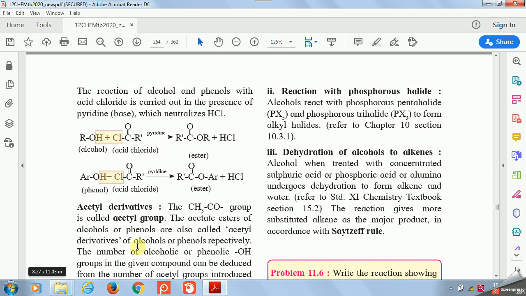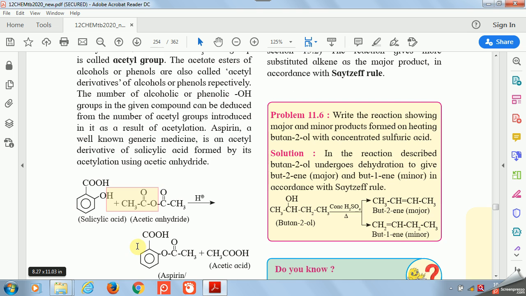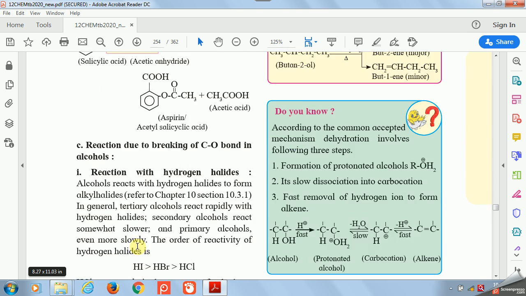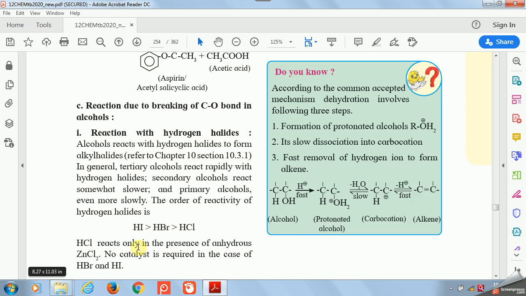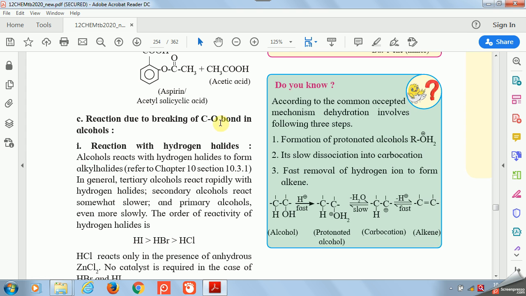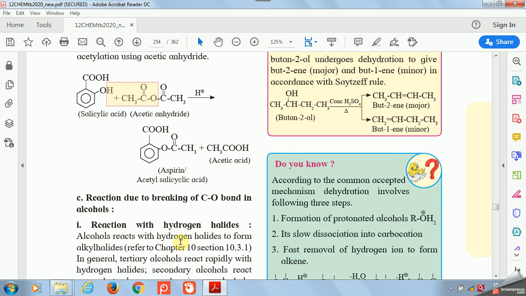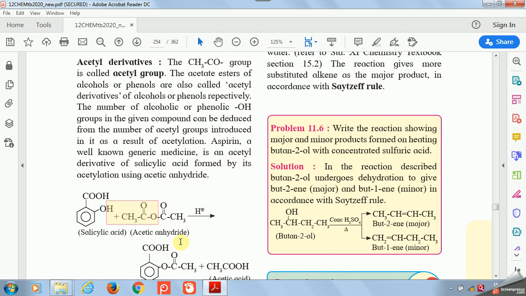Then the remaining reactions you already learned in the previous topic, reactions due to breaking of the CO bond. If we react HCl, HBr and HI with alcohol, then we get alkyl chloride, bromide and iodide respectively. That reaction you already learned in halogen derivatives.